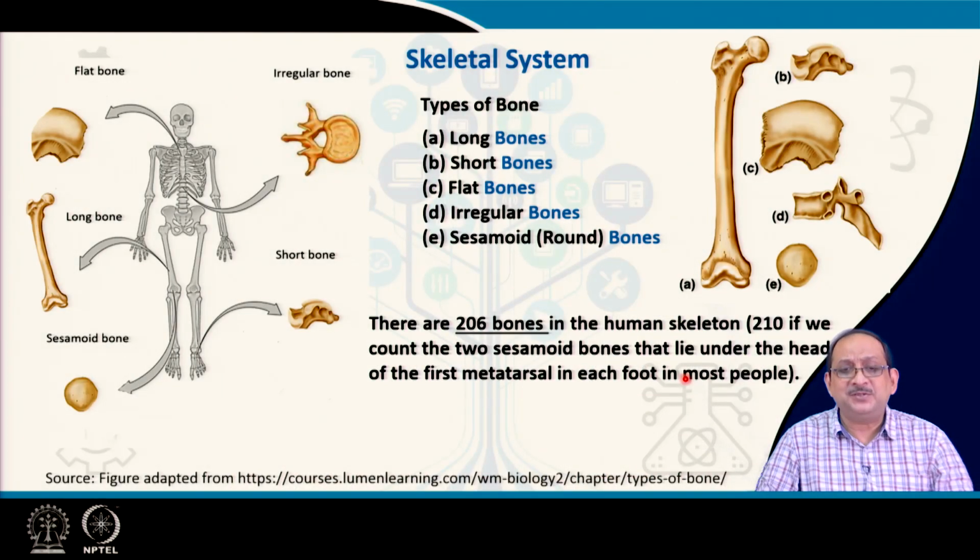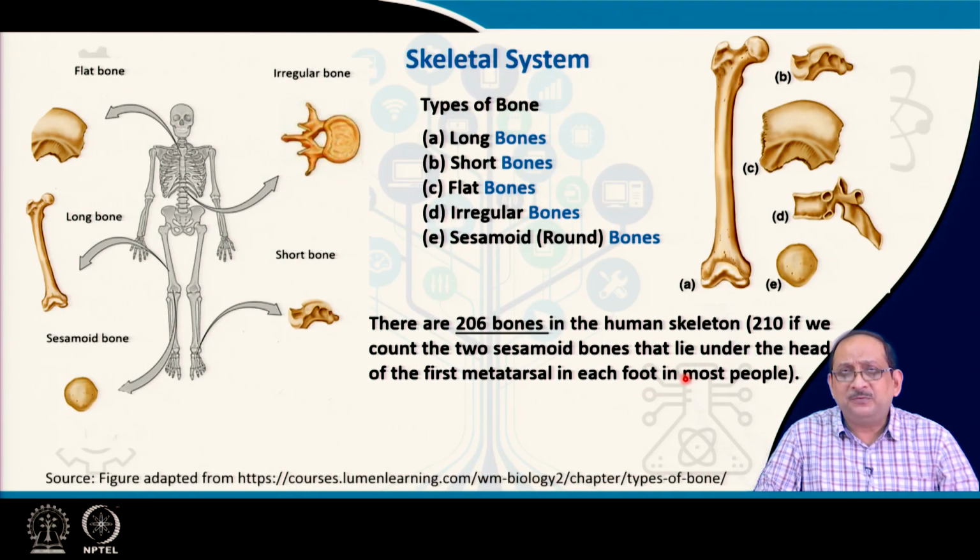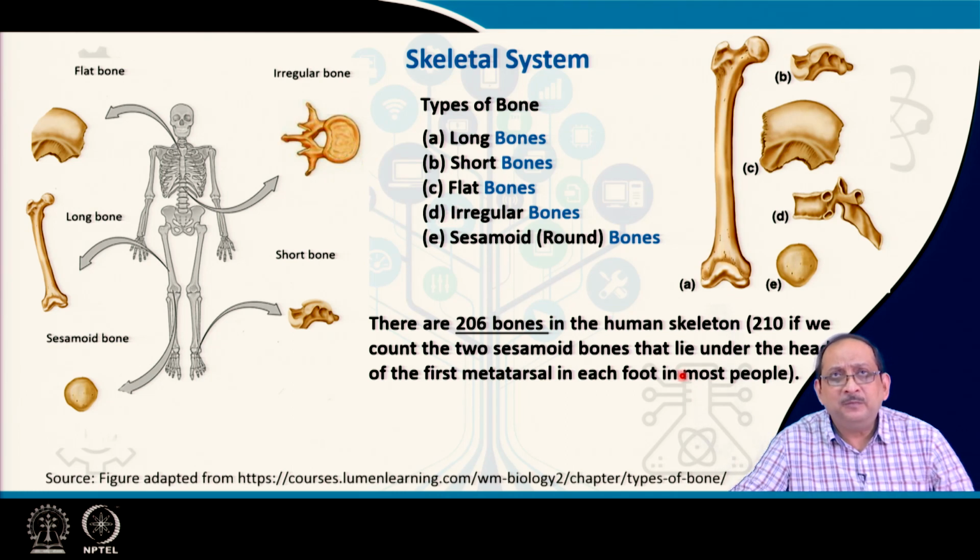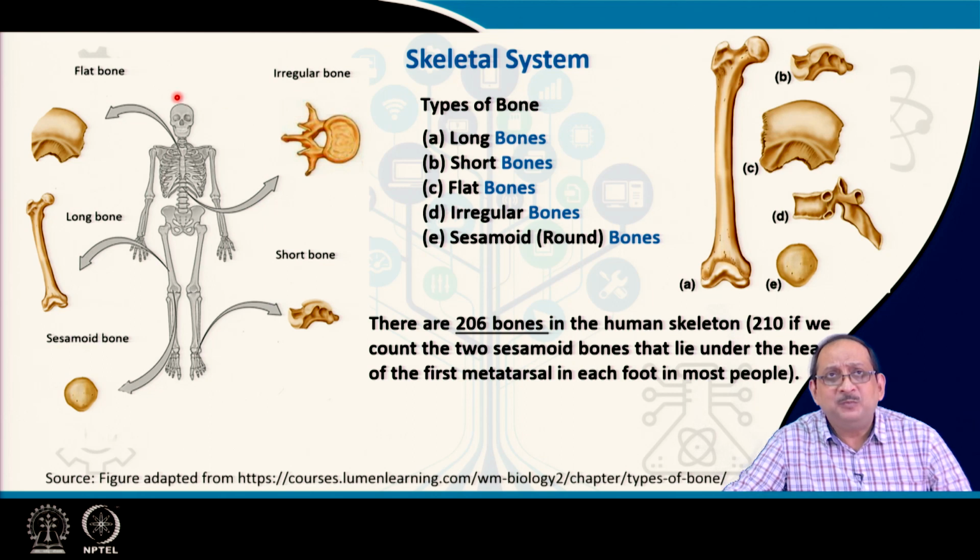The skeletal system consists of different types of bone: long bone, short bone, flat bone, irregular bones, and sesamoid round bones. These bones are shown in the figure presented on the left as well as on the right.